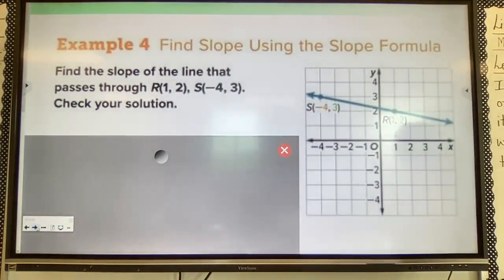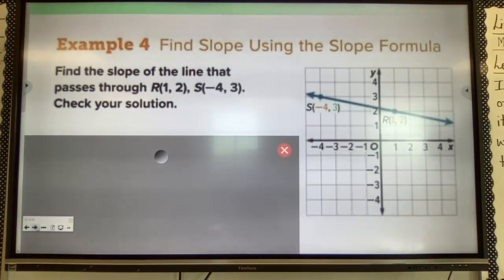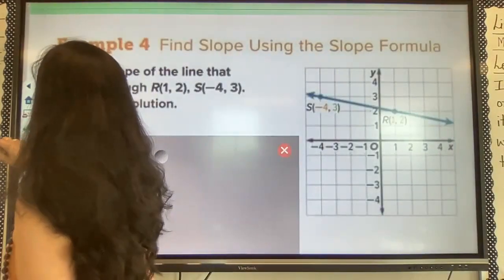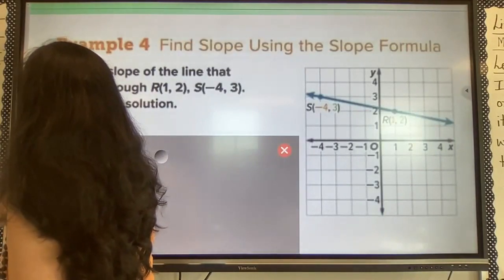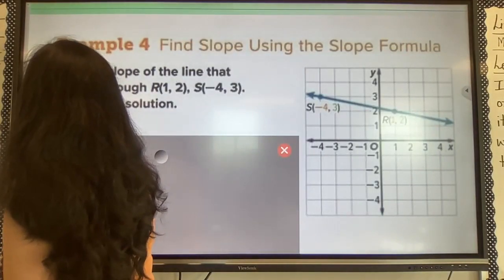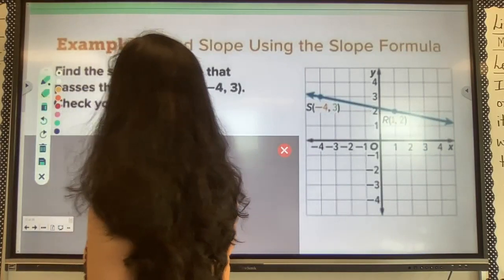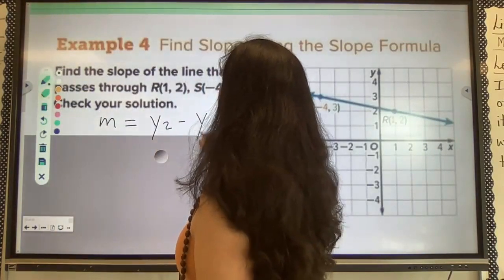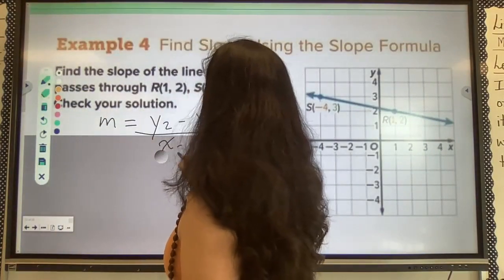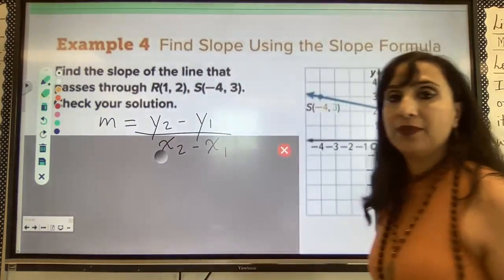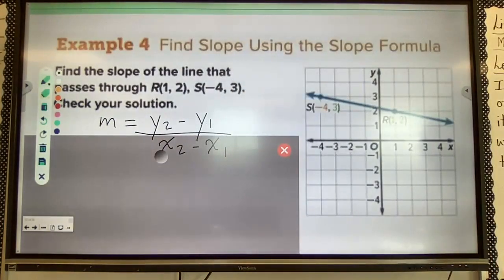So let's look at this one. Slope is change in y over change in x, and that is the slope formula.